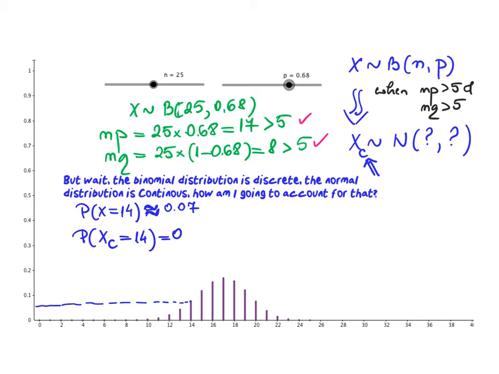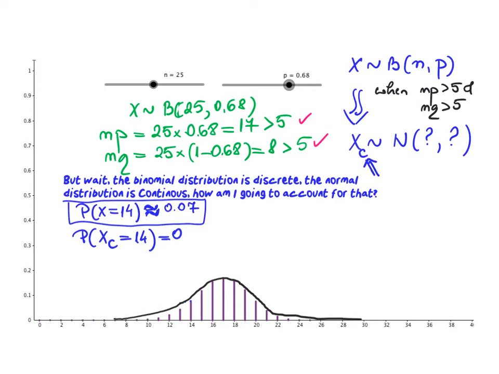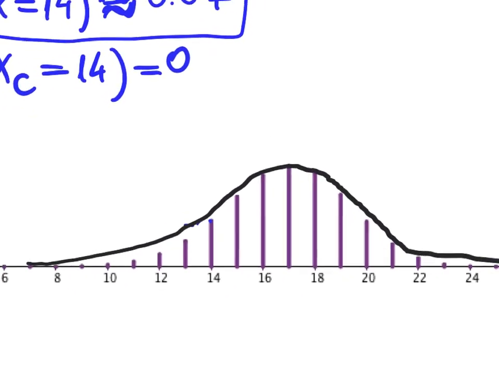So how am I going to estimate the probability of X being 14 on the binomial distribution? Where am I going to find this on the normal distribution? So imagine you have the normal shape here, estimating this distribution. In order to understand that, we can focus at 14.